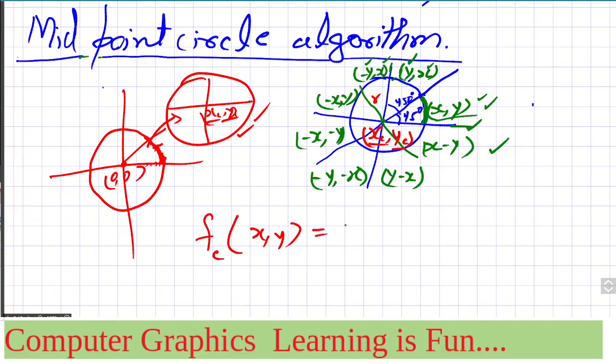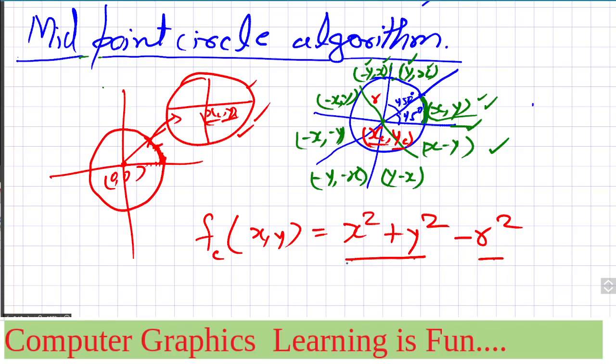It is x squared plus y squared minus r squared. You can understand this is the same Pythagoras theorem which says x squared plus y squared is equal to r squared. So I am moving r squared to this side. In the ideal case, if that particular pixel is on the boundary, on the circumference, then x squared plus y squared is equal to r squared, right?